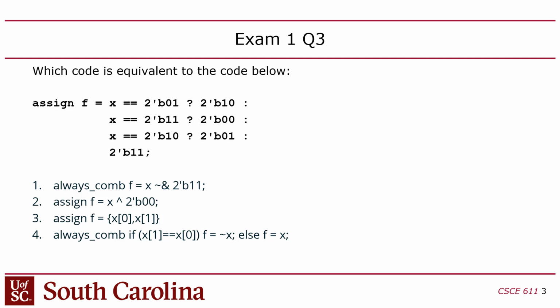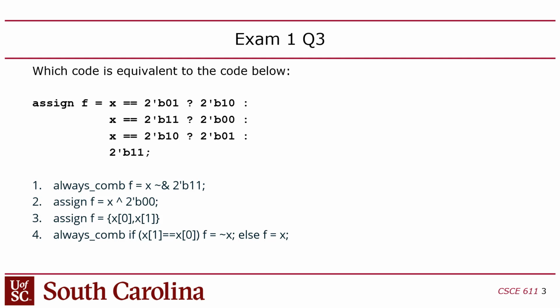Well, the problem is, do we have an answer here where we're complementing X? The first option is assigning F to be X XNOR 1, 1. So if you do an XNOR with 1, 1, that's the truth table for X only though.